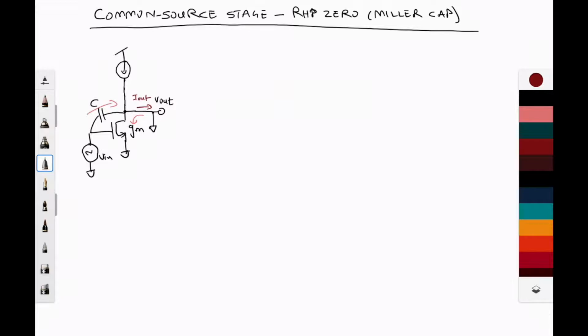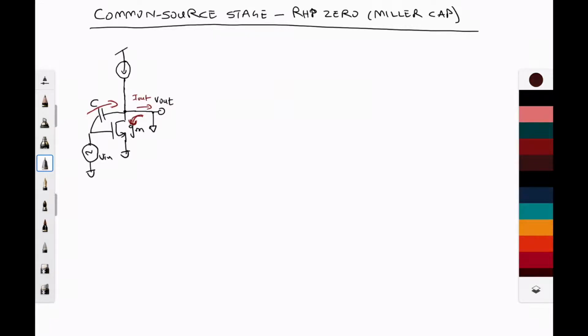But just for the sake of it, we're going to choose I out being in this direction, which means that gm is definitely negative, and then this capacitor as defined in this direction is positive. So it's going into V out, and this is coming from V out.